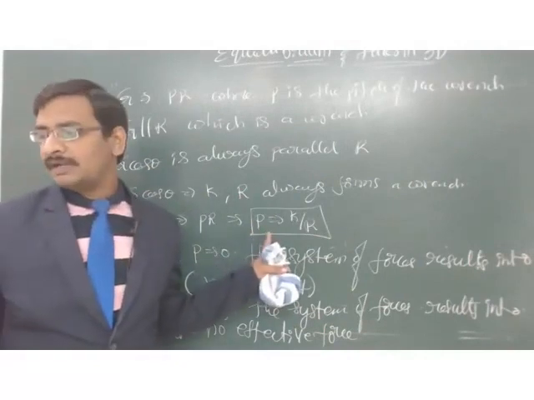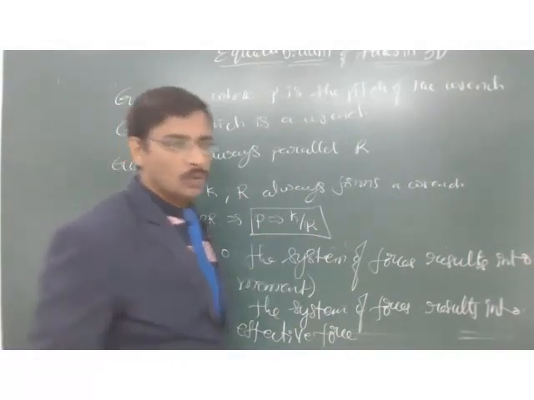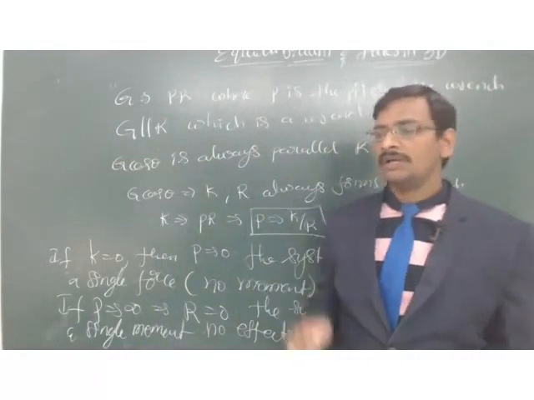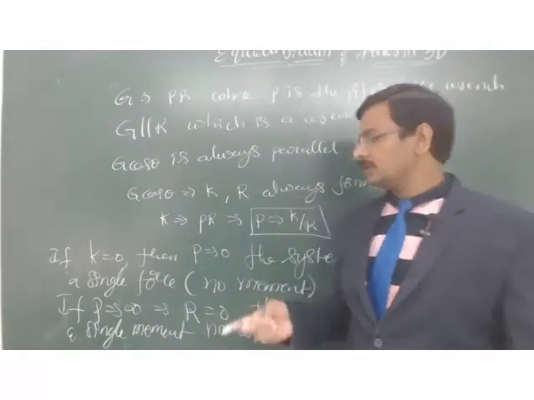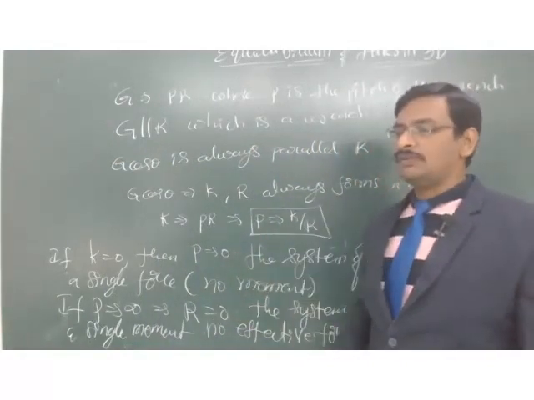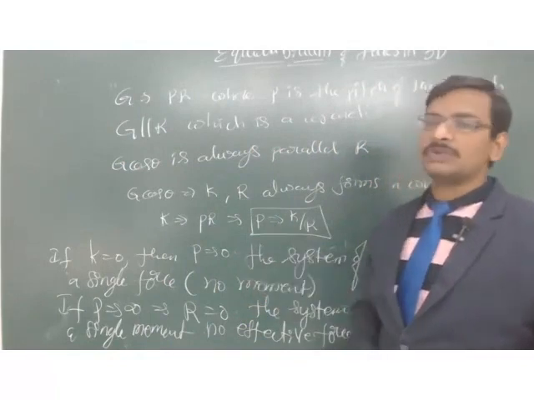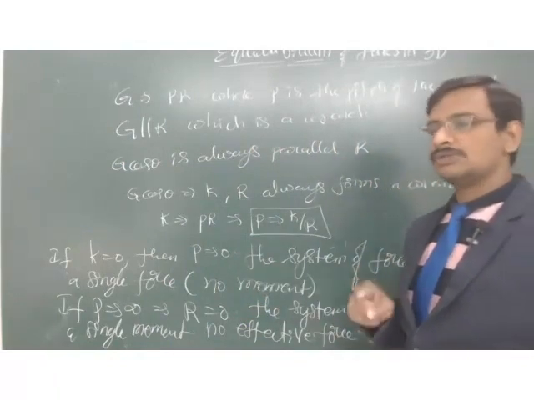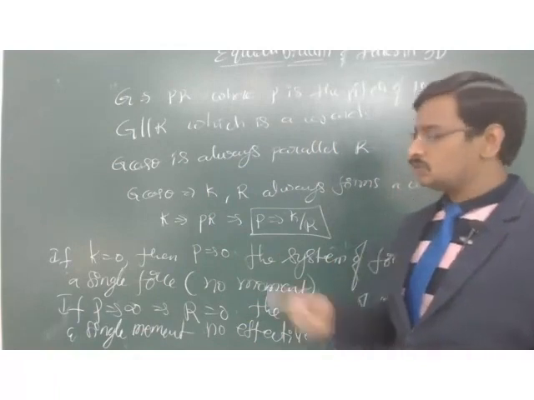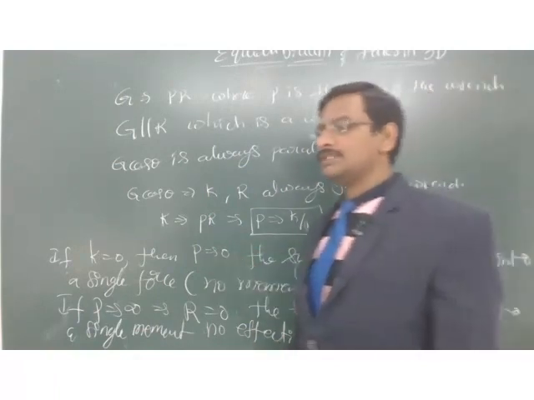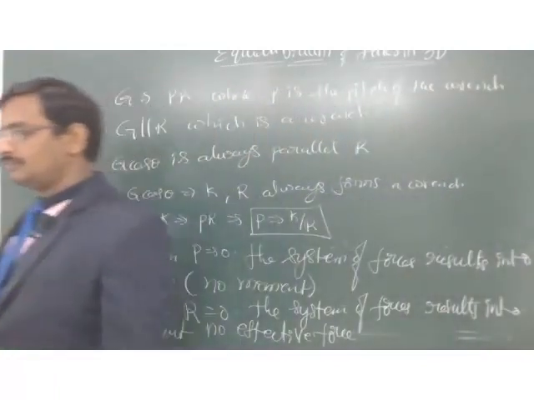So P will decide whether it should have only the linear motion or only the rotatory motion, or it can have both. If P value is in between 0 and infinite, then there will be an associated linear movement and there will be an associated rotational movement as well. So that will be decided by this P. Got it?